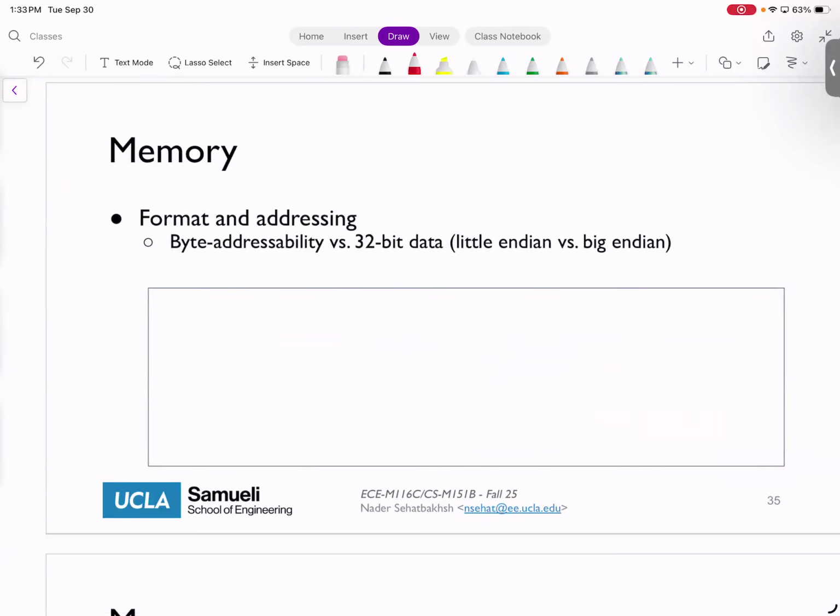The third thing that is very important for memory is byte addressability versus the word data that you want to access. Remember, I told you that registers in RISC-V are 32 bits. So it's natural that if I want to read something from the memory, I read things in chunks of 32, right? Because that's the fastest.